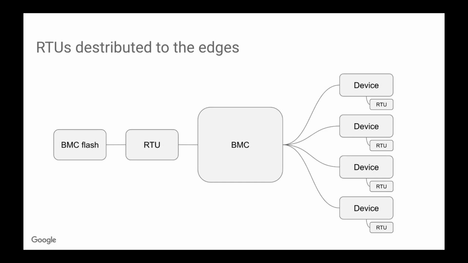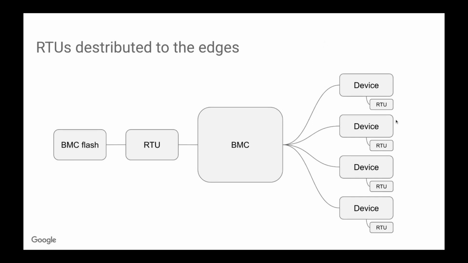Basically, they keep you from ending up with a JPEG or something in your flash that your device can't boot. This is closely associated with root of trust for recovery. If there is something horrible in flash, how do you get out of that situation without having to send a tech out to physically repair your machine?